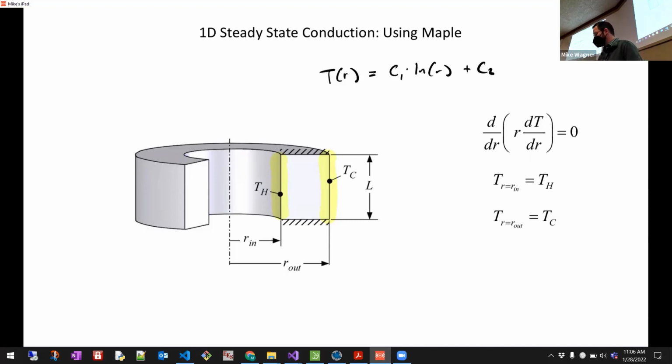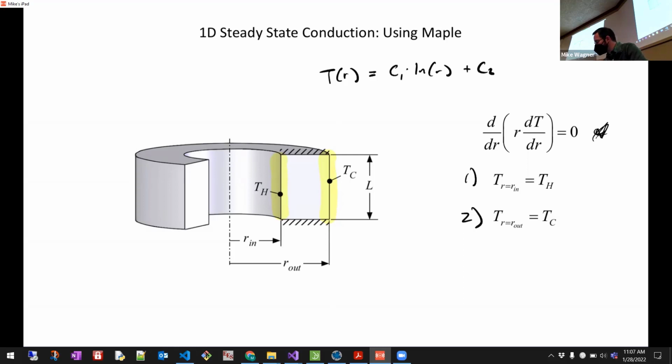Okay, so to state this mathematically, right, this is our governing ODE here. This is boundary condition number 1. Let me just write it, boundary condition number 1. And this is boundary condition number 2, right? T at r equals r_in equals T_H. And so how do we actually force that equation up there to satisfy these boundary conditions?